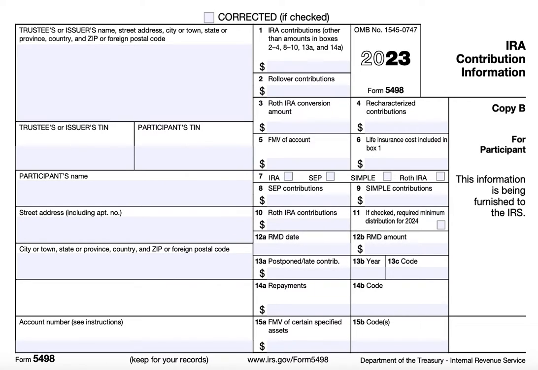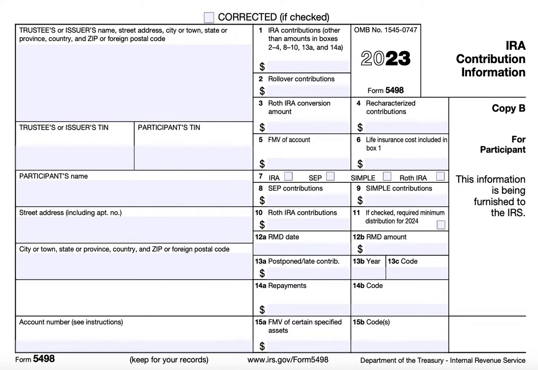There are codes for participants who make a rollover from a qualified plan loan offset. There's a self-certification procedure that would be shown here. So if this applies to you, and it usually will not, then you should talk to your tax professional about this.